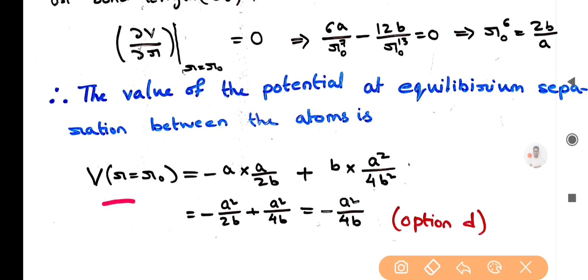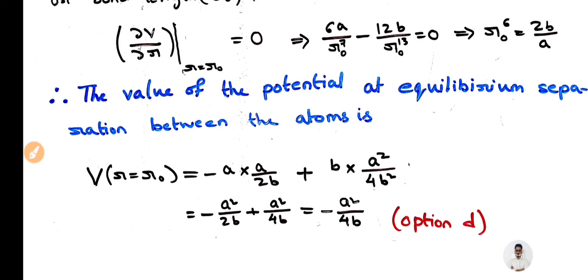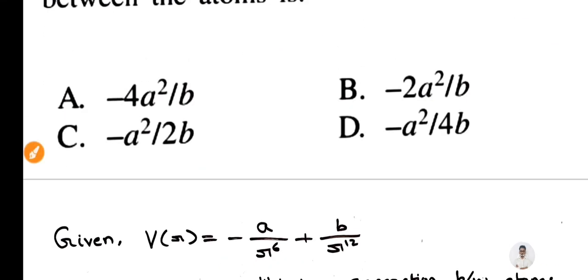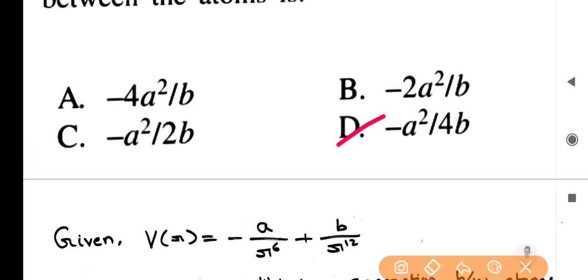V of r at r naught equals minus a square by 4b. You will get this by calculating these steps. So option D is the correct one. You can find that option D is the correct answer.